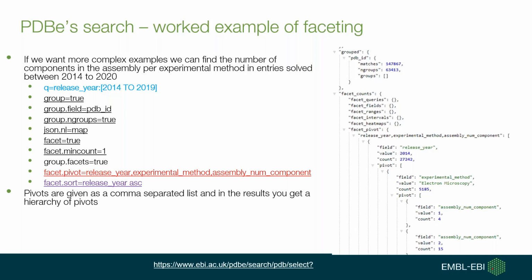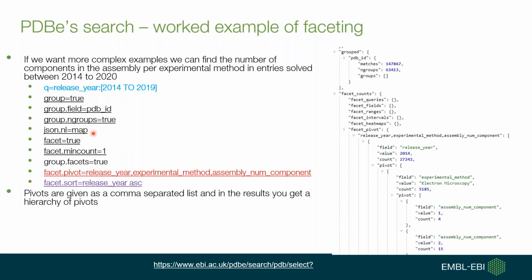So, a more complicated example here: if we wanted to find the number of components in an assembly per experimental method in entries solved between 2014 and 2020, and we wanted to group the results by year, we can do this with a relatively simple query.